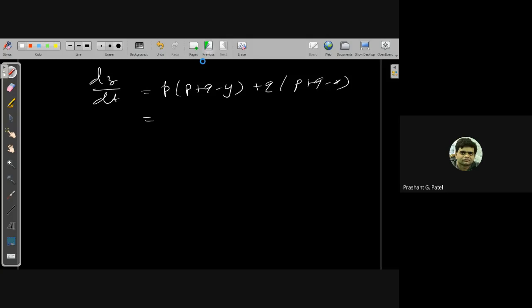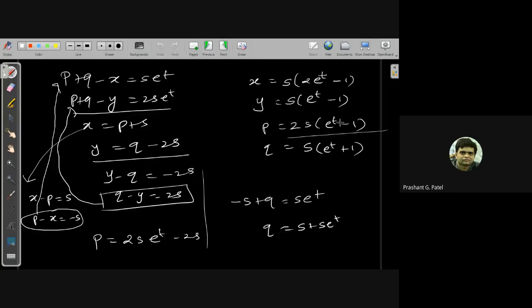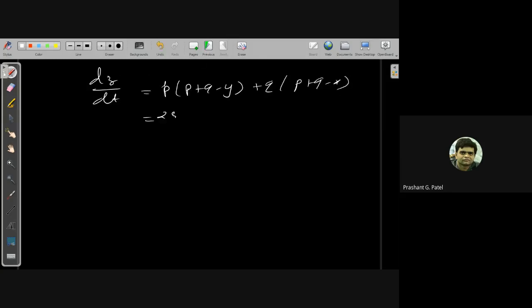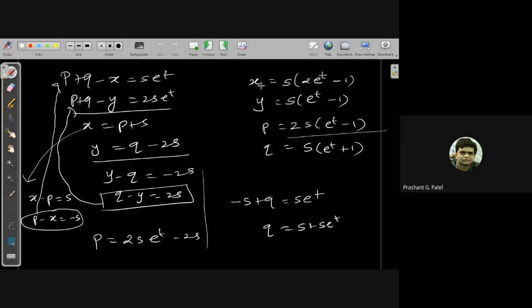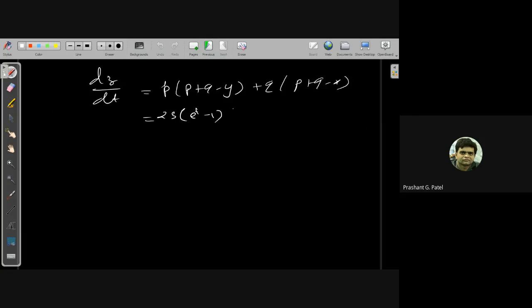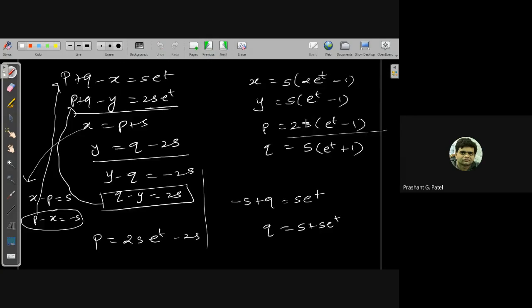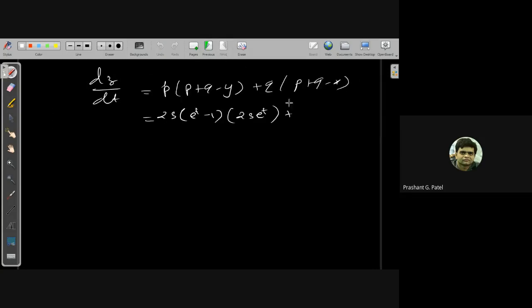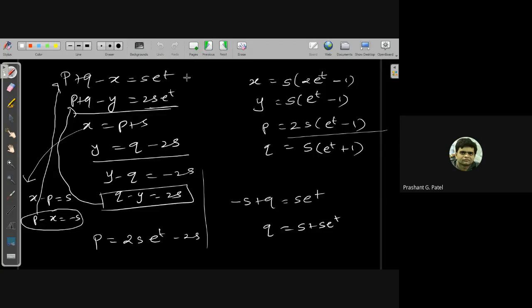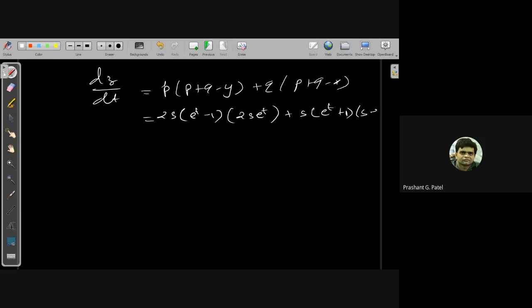The value of p we already have here, that is 2s (e^t − 1). p + q − y is 2s e^t. The value of q we have is s (e^t + 1), times p + q − x, which is s e^t.